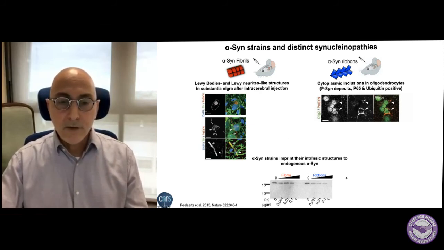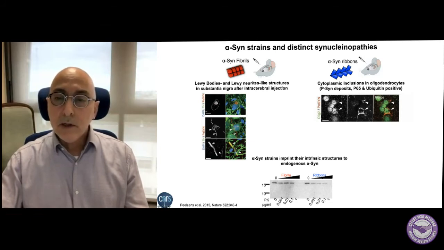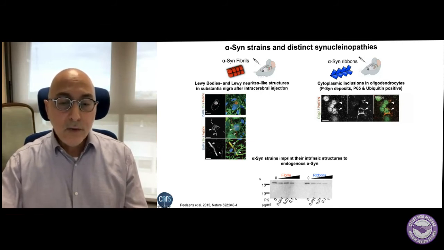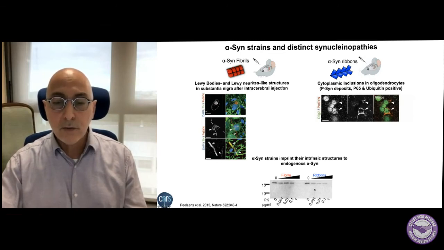And very interesting, the fibrils are relatively resistant to proteolysis, while the ribbons are much less resistant. 3 months after the injection of these fibrils, we observed that the endogenous alpha-synuclein in the brain of these recipient animals was resistant to proteolysis when we injected fibrils, much less resistant to proteolysis when we injected ribbons.